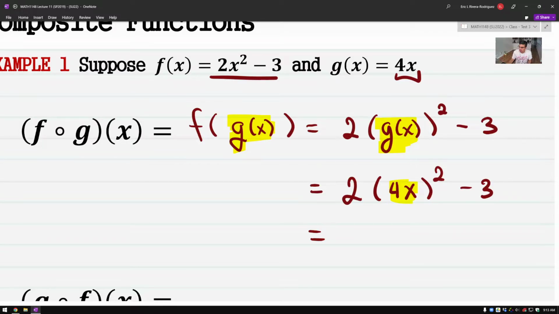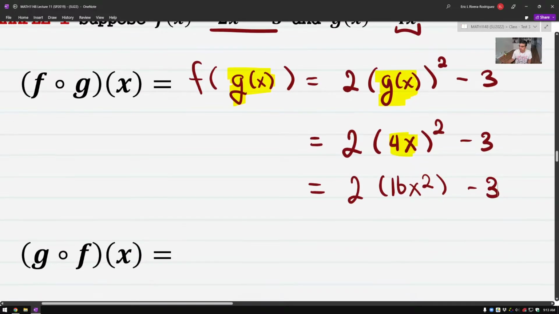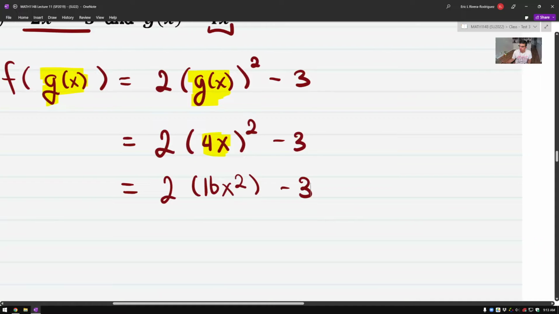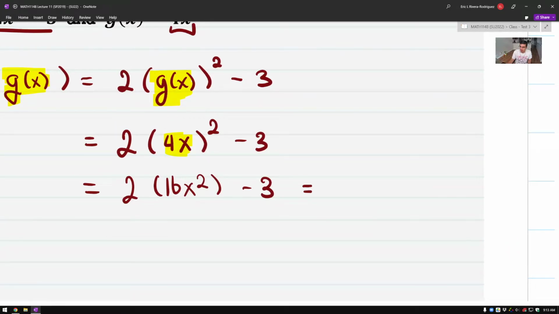So we need to follow the order of operations. Power, the exponent goes first, so we have 2 times 16x squared minus 3. Okay, and this is equal to 32x squared minus 3.